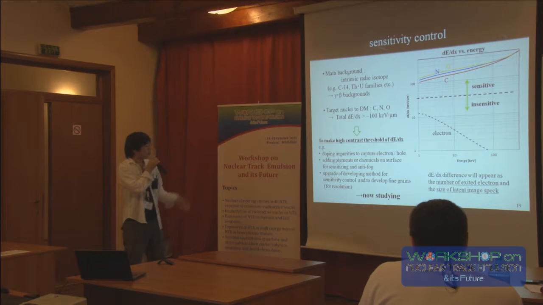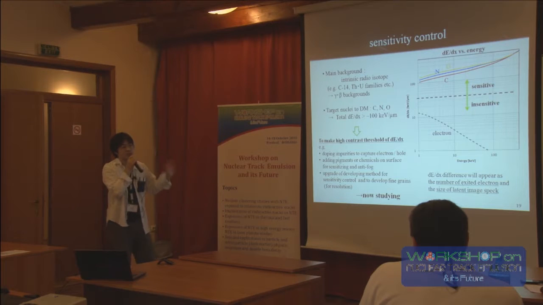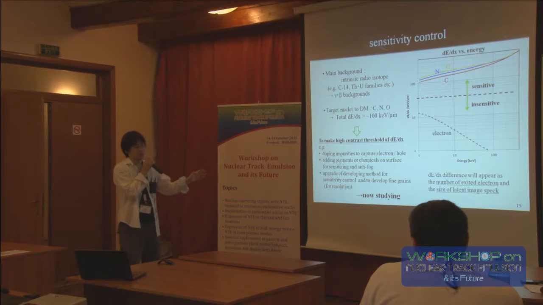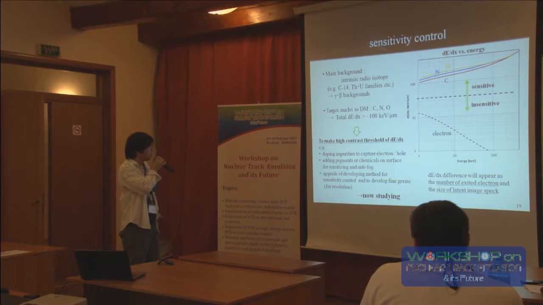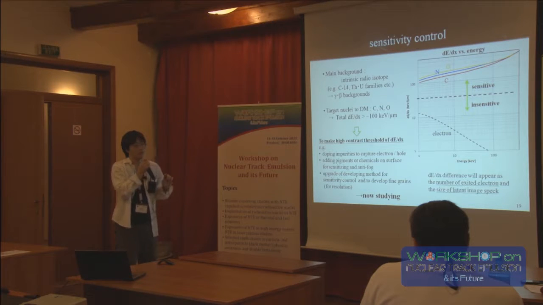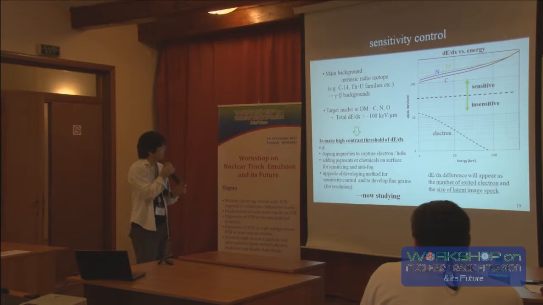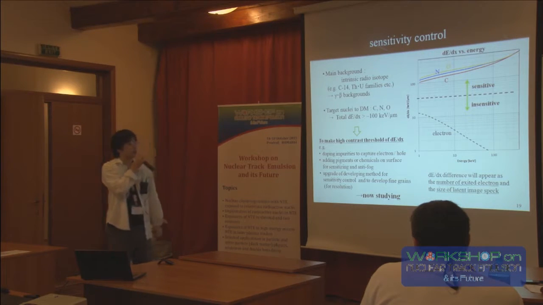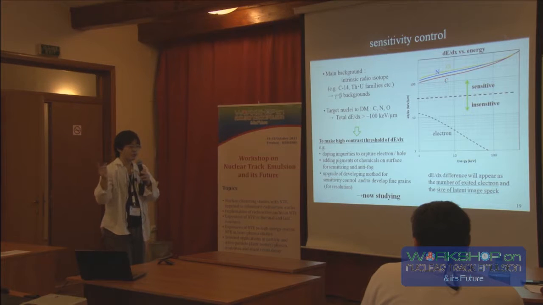To improve developing, of course, sensitivity is important, but more fine-grained developed crystals are also important. So we are now trying to develop with not silver but gold. Gold developing can give very fine small grains, and also for the X-ray microscope it is high density, so it can give higher contrast.